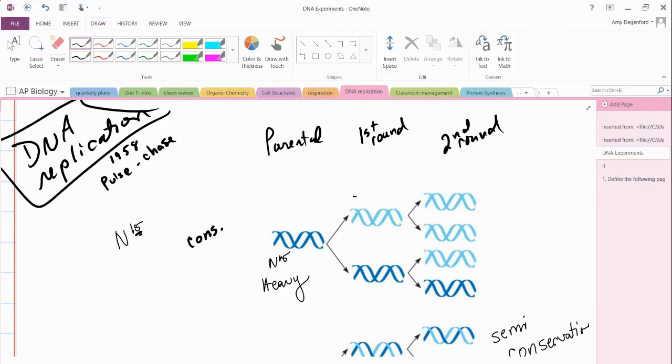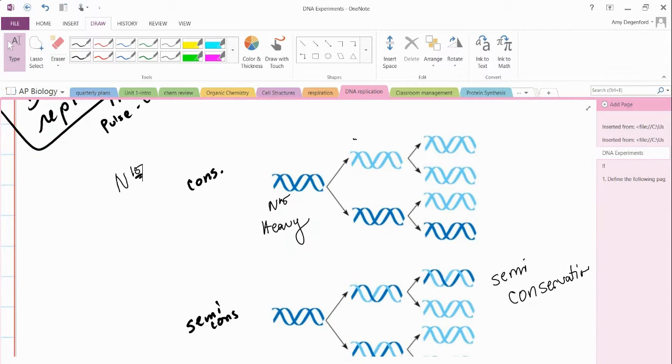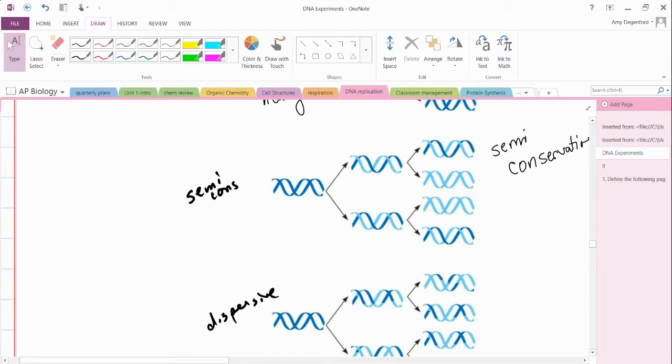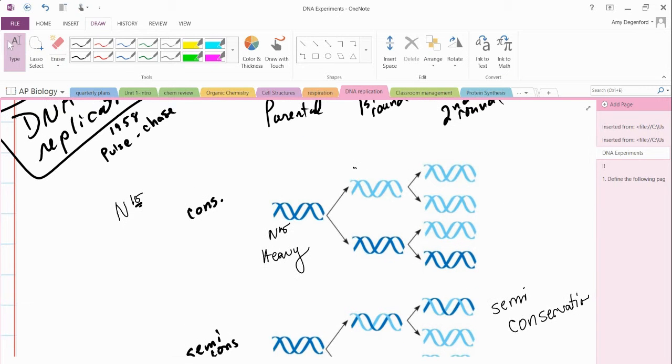First we need to understand that there were three competing models of how DNA might replicate. The conservative model stated that when a DNA strand replicates, the parent strand will ultimately stay the same, and the new strand is made entirely of new nucleotides.